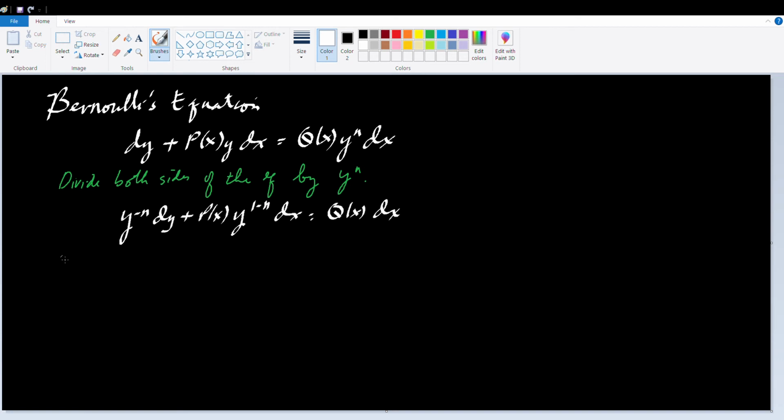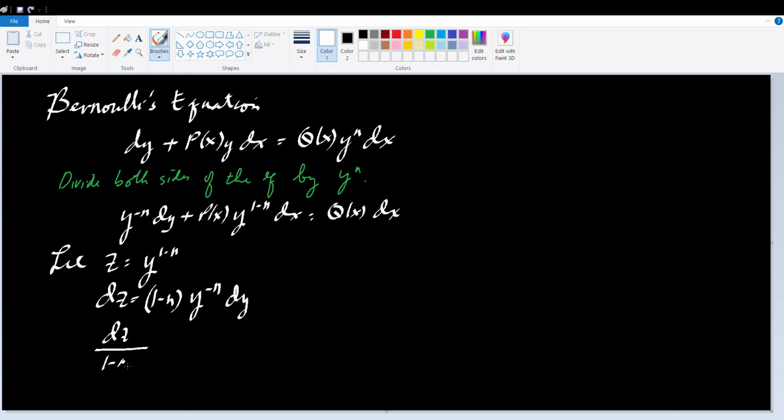And then we introduce the variable z equal to y raised to 1 minus n. Again, if we introduce a variable, there will be a change in the differential. So taking the differential of both sides, we have dz equal to (1 minus n) y raised to (1 minus n minus 1), or negative n, dy. Or dz over (1 minus n) equal to y to the negative n dy.